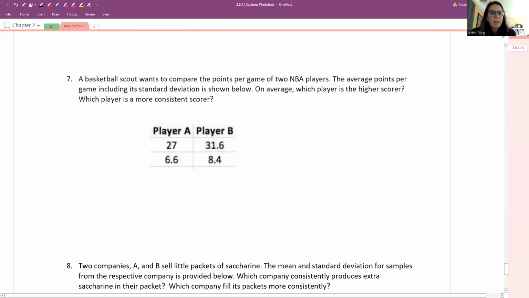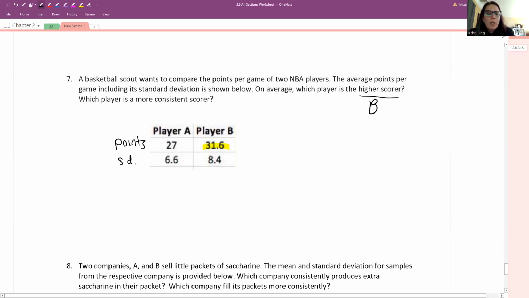So we have the points per game for player A, and then we have the standard deviation shown below. On average, which player is the higher scorer? So for the higher scorer, that would be more points. So that would be player B, has more points.